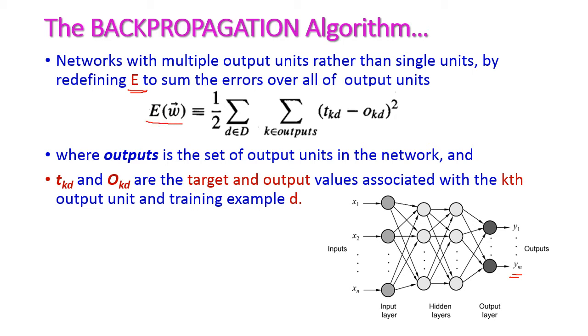E of w vector is equal to 1 by 2 summation over d belonging to capital D, where capital D is the training set, multiplied by summation over k belonging to outputs, k equal to 1 to m, of t_kd minus o_kd whole square.